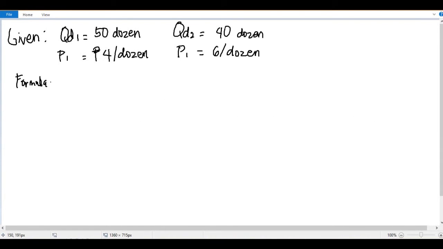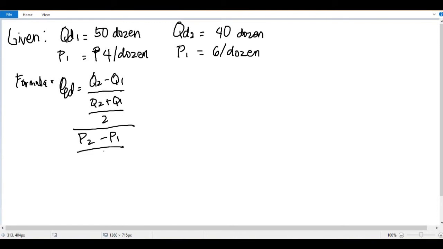Kaya, we use the formula again. Elasticity of demand is equal to Q2 minus Q1 all over Q2 plus Q1 divided by 2, all over P2 minus P1 all over P2 plus P1 over 2.